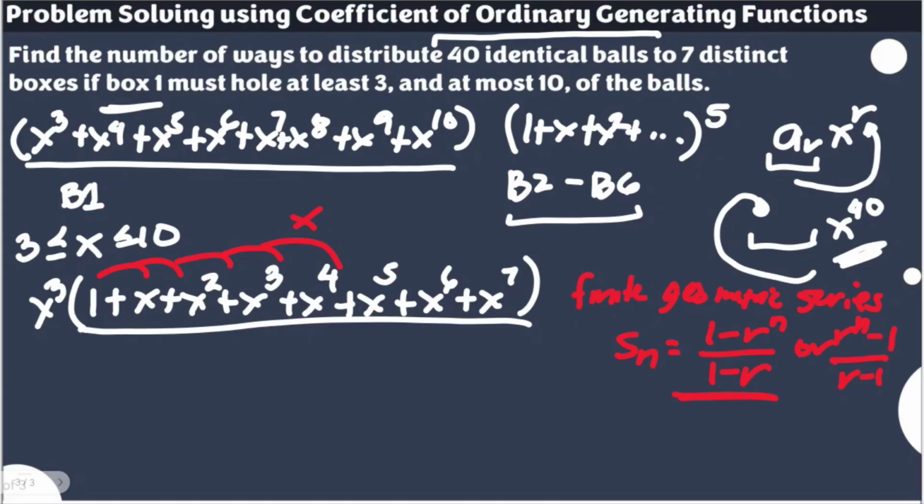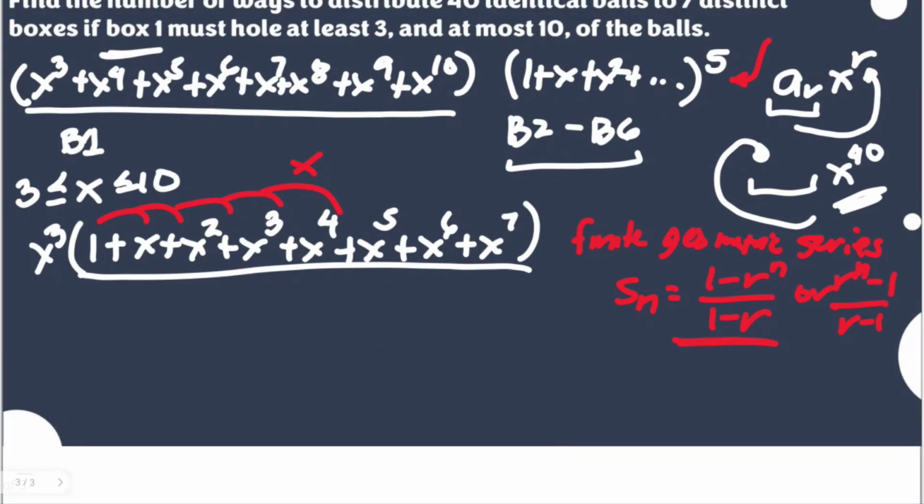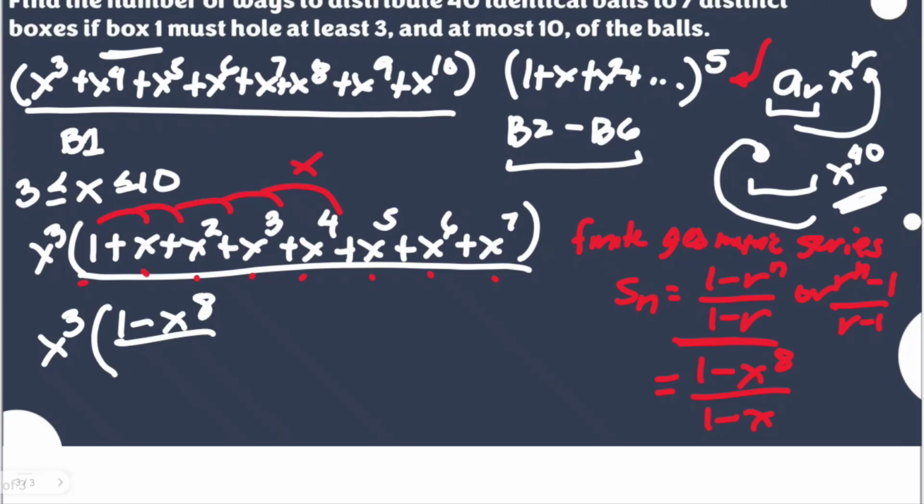We'll be using this form so that we can actually pattern it to the form of this later. So with that, our r is x. It's actually 1 minus x to the power of n, and our n is 1, 2, 3, 4, 5, 6, 7, 8. x to the power of 8 over 1 minus x. So this is actually written as x cubed times 1 minus x to the power of 8 over 1 minus x to represent that string.